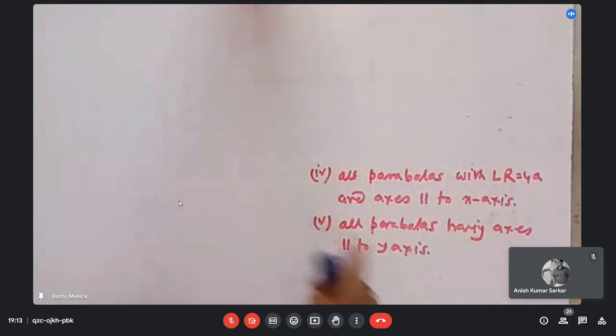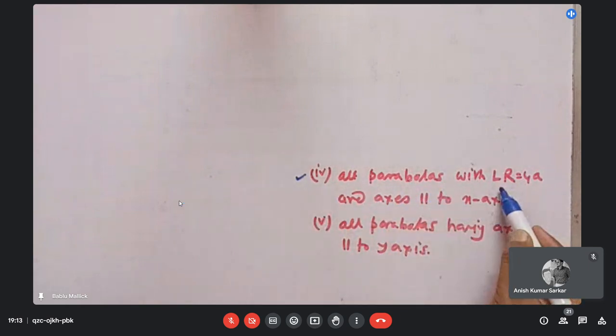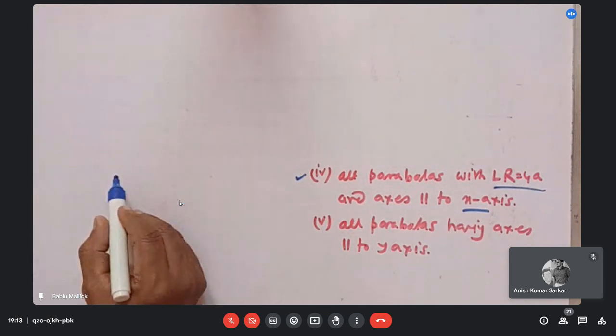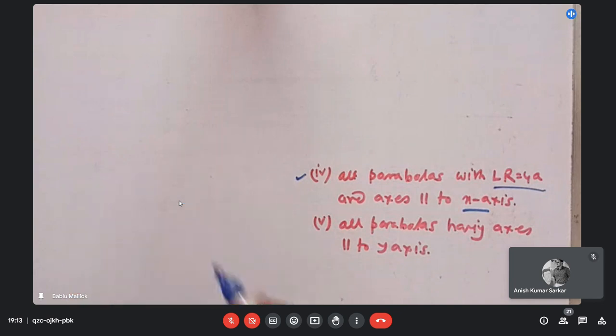Next, write, look, all parabolas with latus rectum 4a and axis parallel to x-axis. To get the equation of a parabola, we need three things.